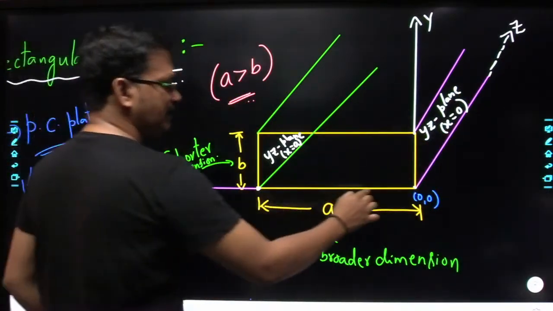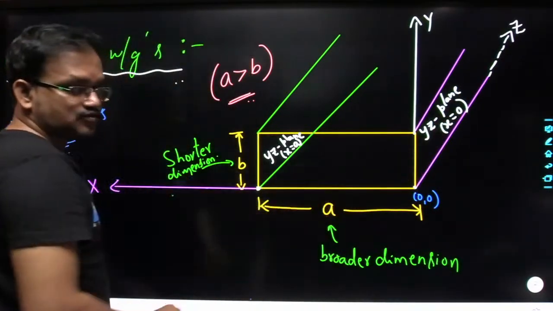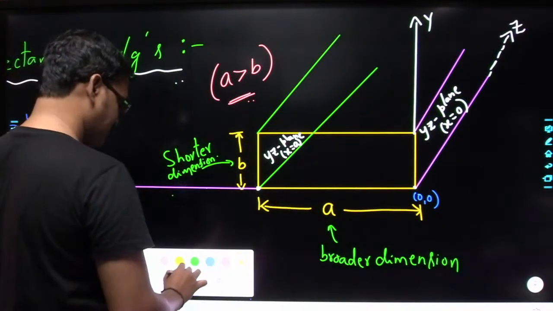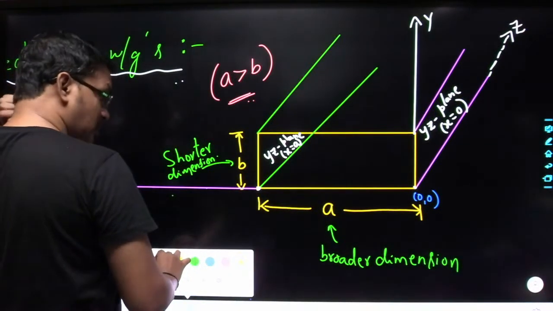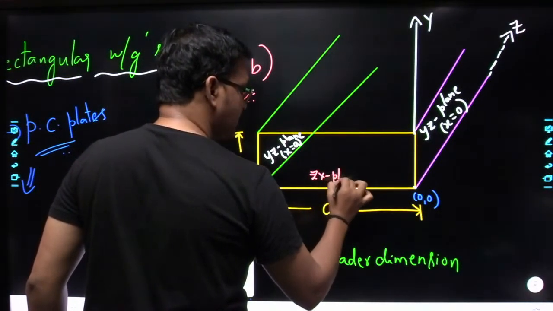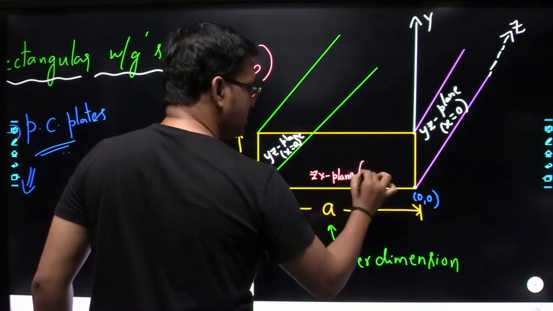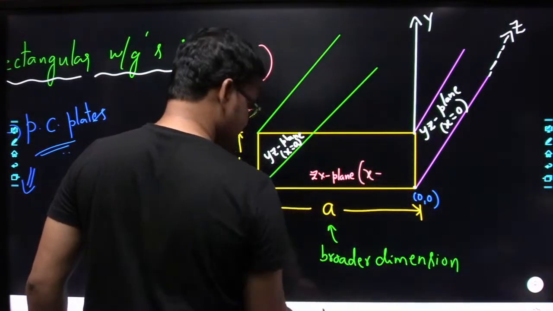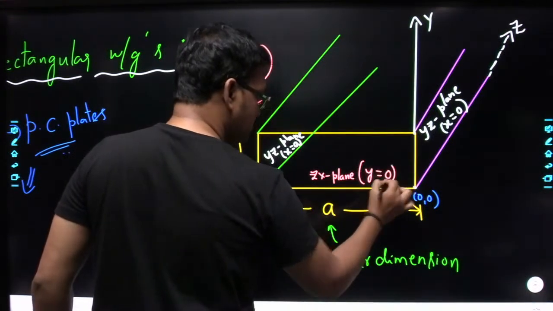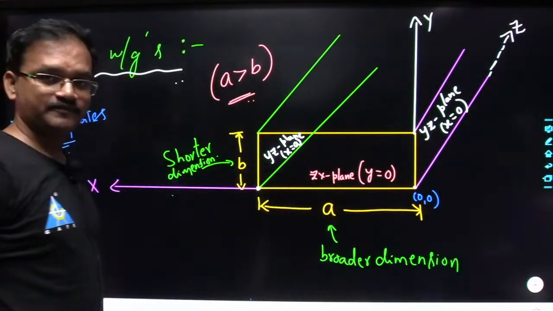So the bottom plate represents a ZX plane, which is placed at y equal to 0, right. So y is constant over this plane.